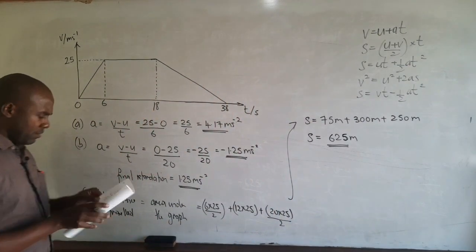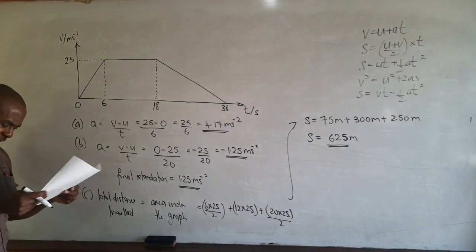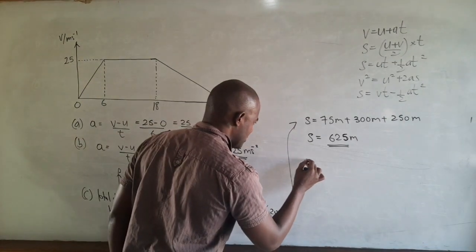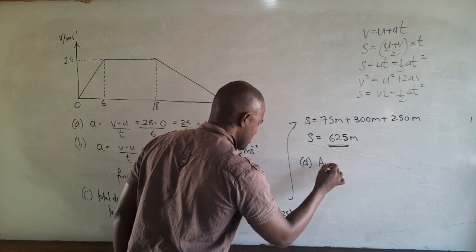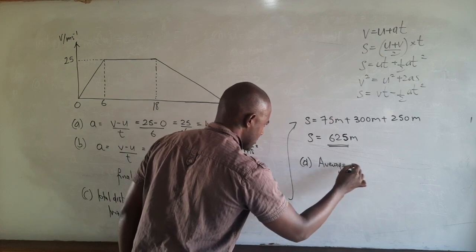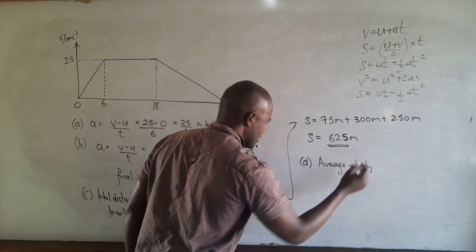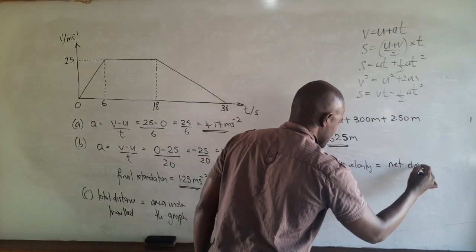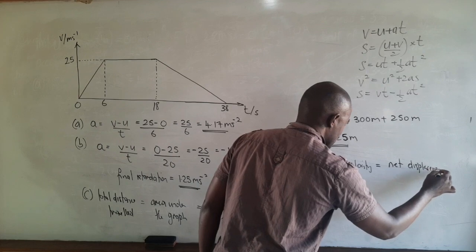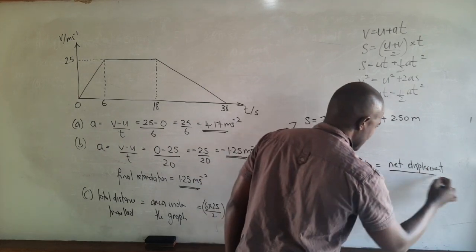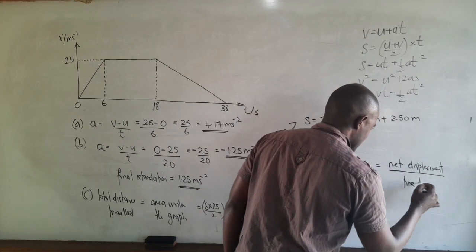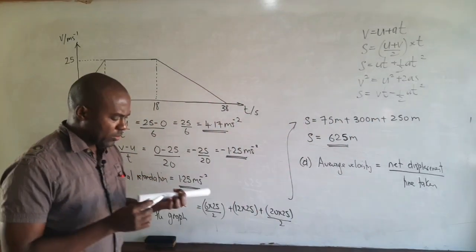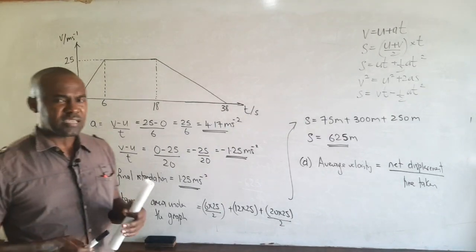And lastly, part D wants us to calculate the average velocity. So the average velocity, of course, is equal to the net displacement divided by the time taken, right? So the average velocity is equal to the net displacement divided by the time taken.